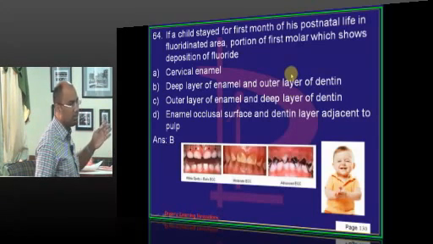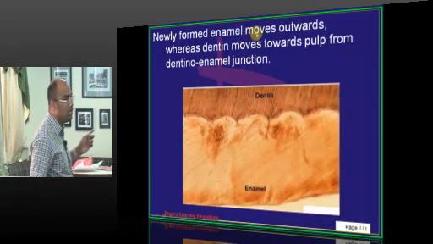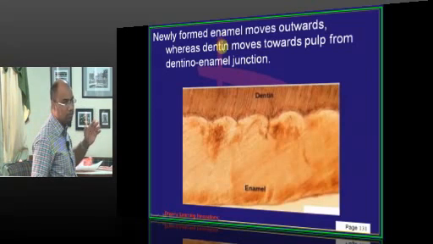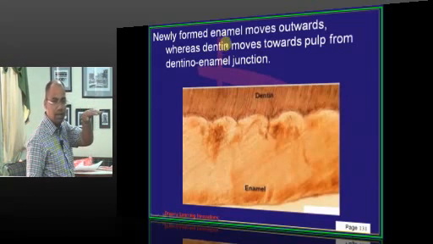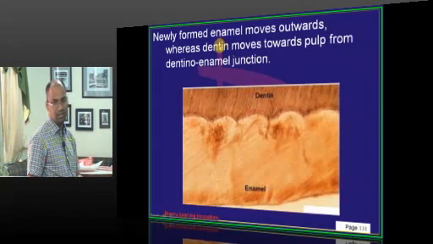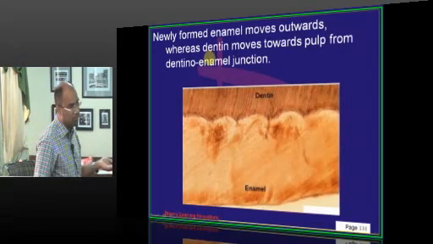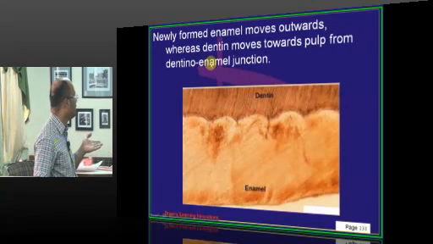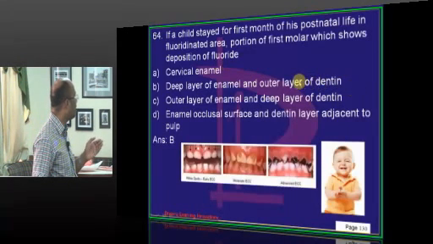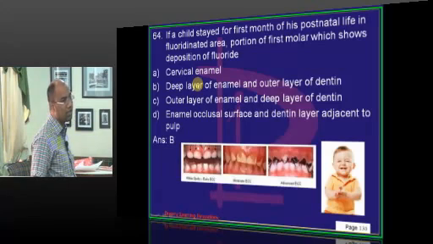Newly formed enamel will move outwards, meaning the newly forming enamel will be on the outer aspect and the older enamel will go inwards, that is deeper. Whereas dentin will move towards the pulp, forming the DEJ. That is the reason the answer would be the outer layer of dentin and the deeper layer of your enamel, not the outer layer of enamel.